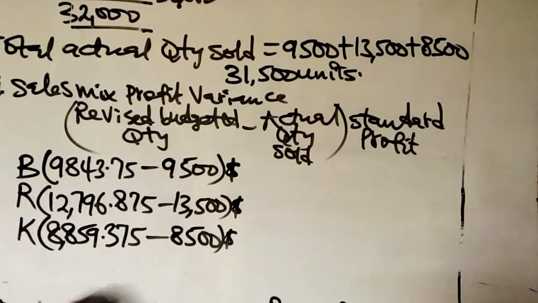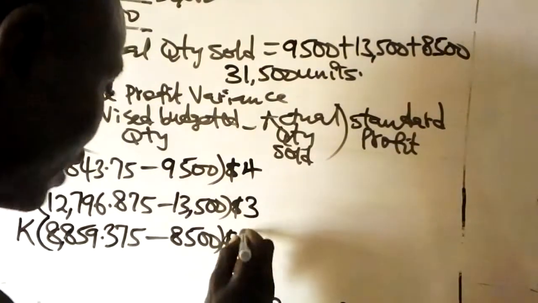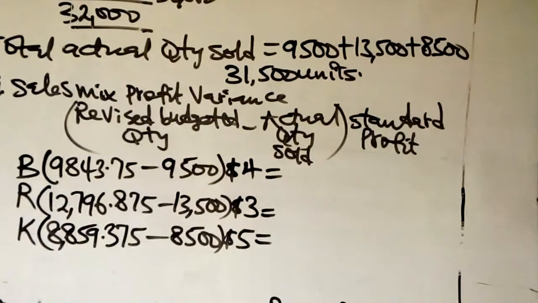So we have our standard profit: $4, $3, and $5. So now the sales mix profit variance.